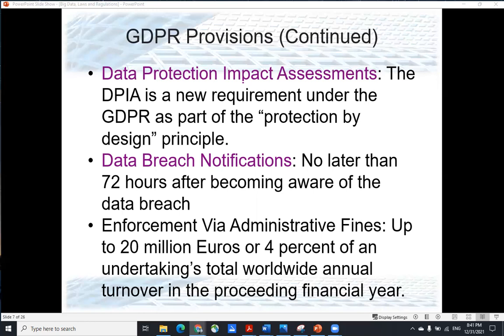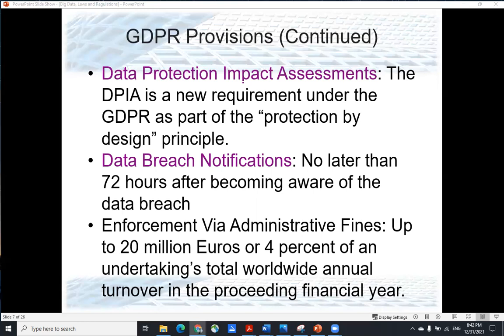So for the data protection impact assessment, you have to assess the impact or the risk. Like I said before, there are about 99 articles of the GDPR, and this is Article 35, the data protection impact assessment, and it's a new requirement.